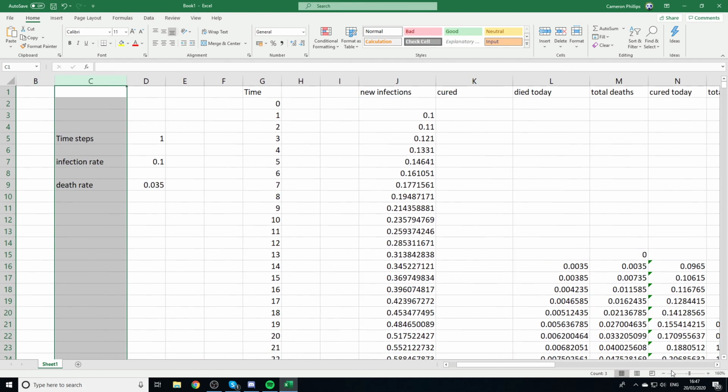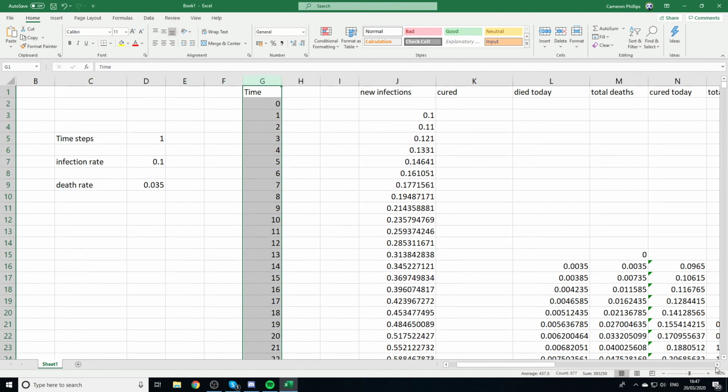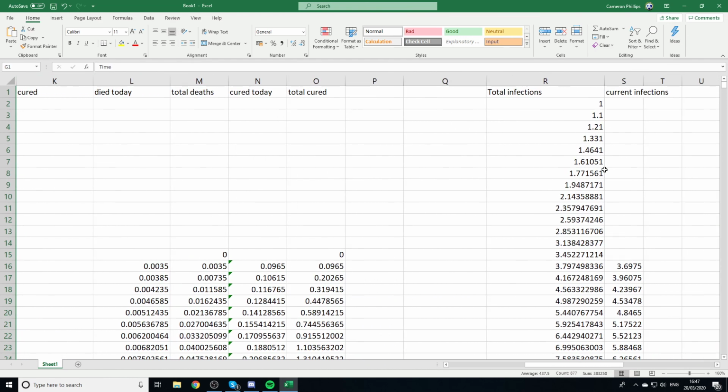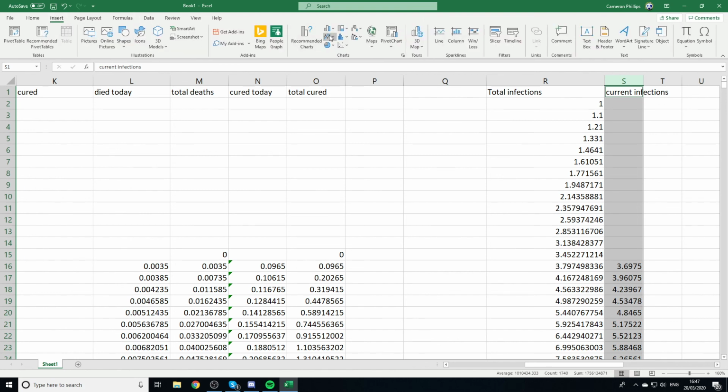Did I have that somewhere? I did, didn't I? So we're going to plot time against total infection. No, not total infections. Current infections. So time against current infections. Let's do our graph.